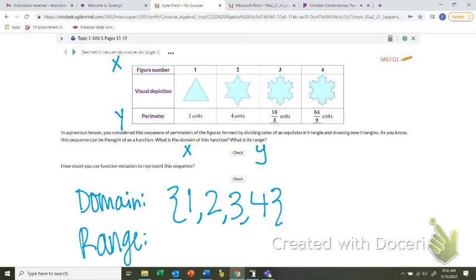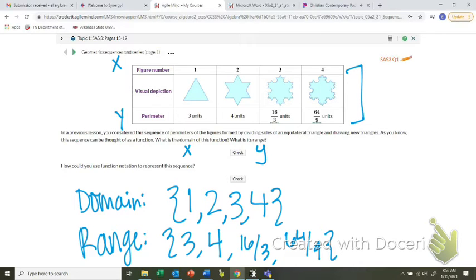My perimeter. So what is the set of numbers I got for the perimeter? The first one was 3, 4, 16 over 3, and 64 over 9. Using this chart right here.